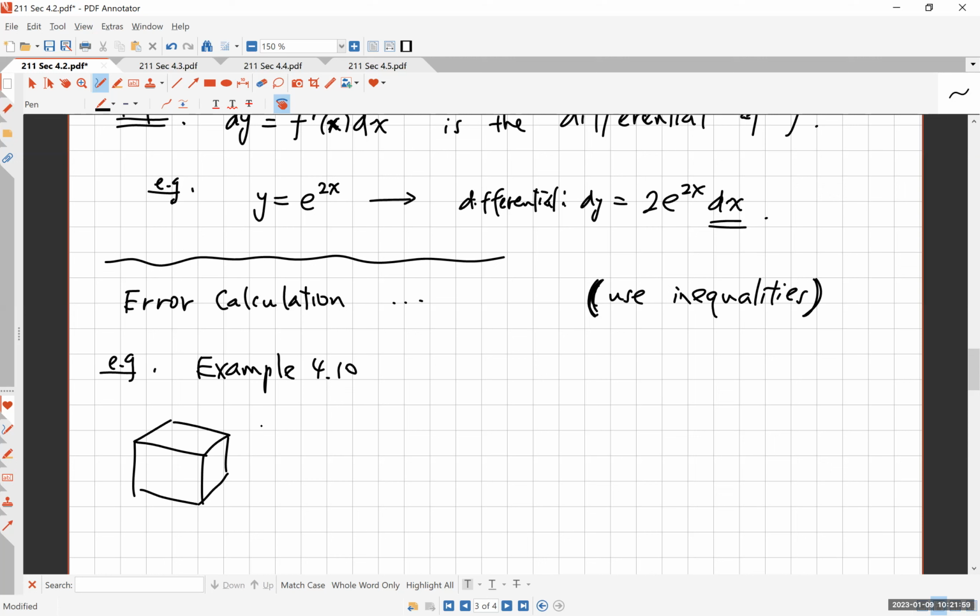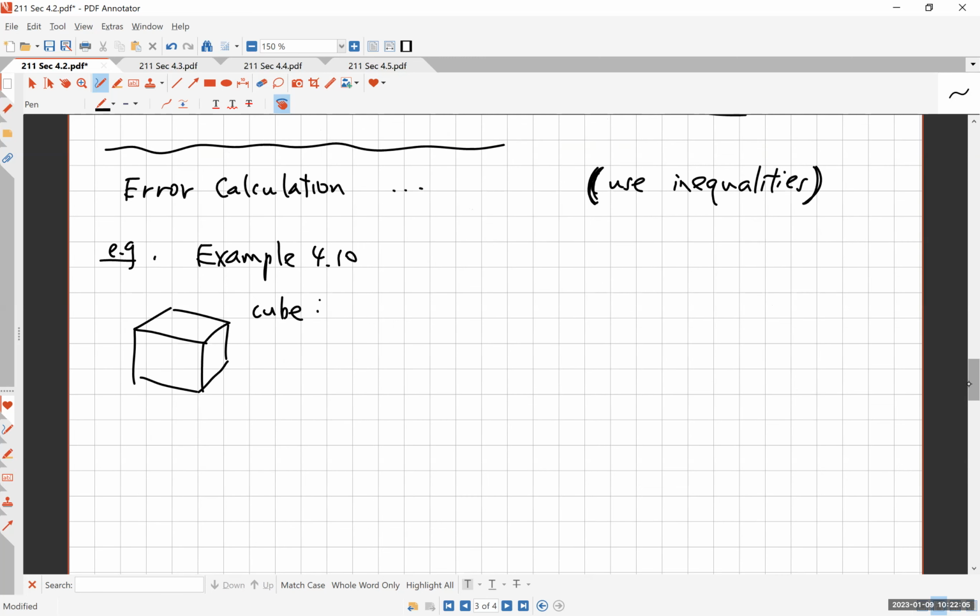Let's say you have this cube. The cube means that the height and the length and the width are all the same. Each side is 5 centimeters. So it's 5 centimeters by 5 centimeters by 5 centimeters. Well, in the real world, you don't have a single cube which measures exactly 5.00000 centimeters without any errors.